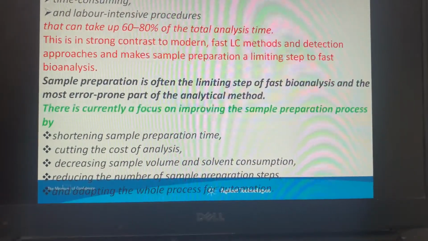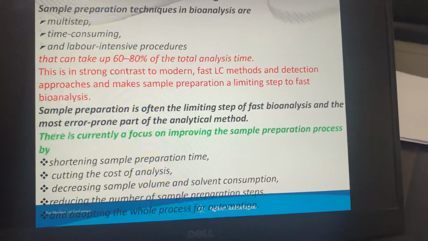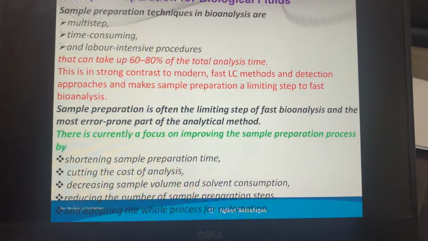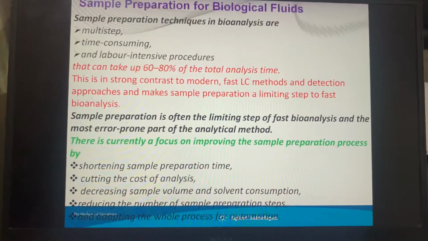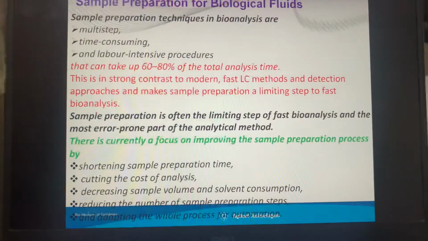So these are a few steps through which we can improve or fast track sample preparation in bioanalytical chemistry.